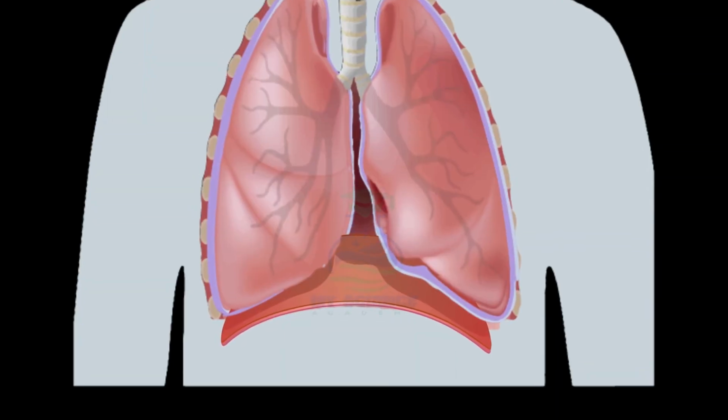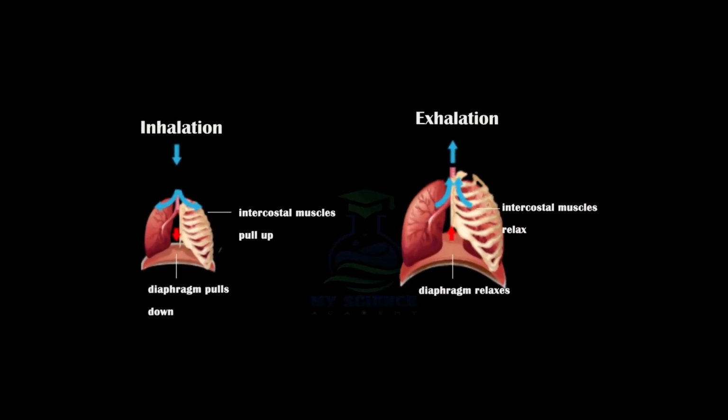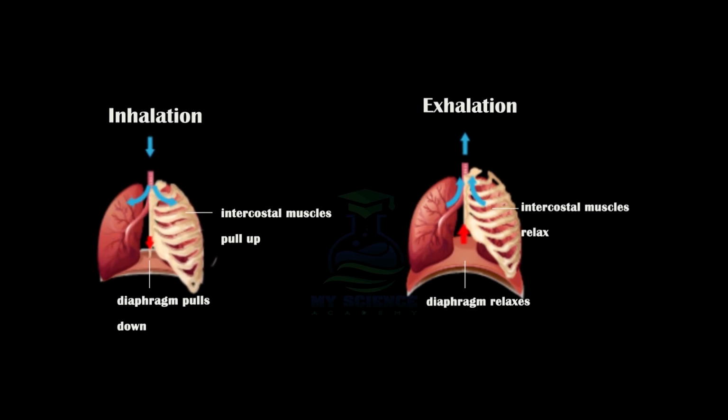A thick muscular structure is present below the lungs that is called diaphragm. This dome-shaped structure separates the thoracic cavity from abdomen and plays an important role during breathing, by contracting and relaxing at the time of inhalation and exhalation.